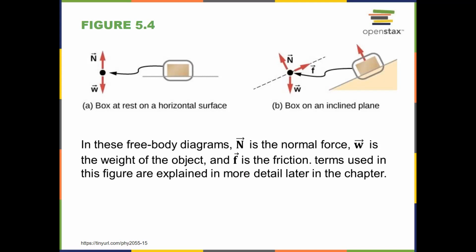Now, because it's sitting on the surface, there will be a contact force between the surface and the box, pointing in that direction, okay? Again, that's a normal force, so we use the letter N for that. And then because it's resting there, there should be a friction force to prevent the box from sliding downward, okay? So there's a friction force there as well.